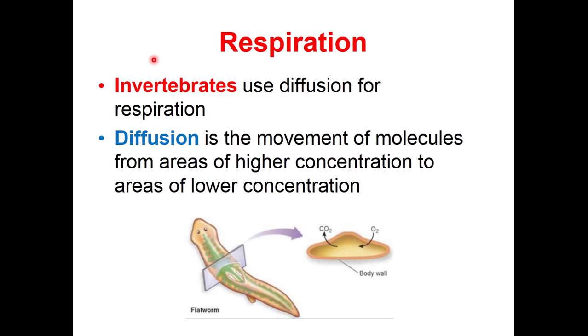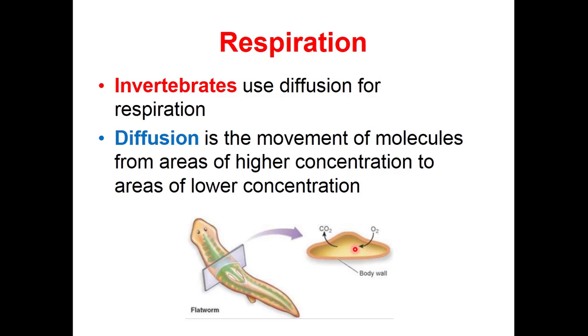Let's start with invertebrates. Invertebrates use diffusion for respiration, and diffusion is the movement of molecules from areas of higher concentration to areas of lower concentration. For example, here, the oxygen will enter the body of the flatworm. The oxygen inside the body of the flatworm will be consumed by reacting with sugar, and it will convert into carbon dioxide.